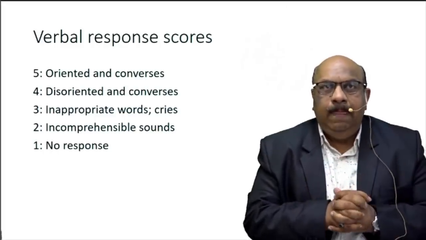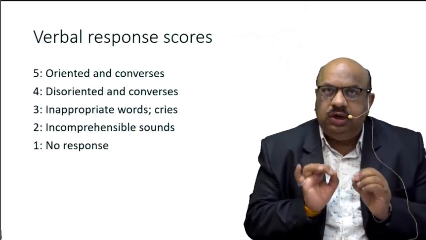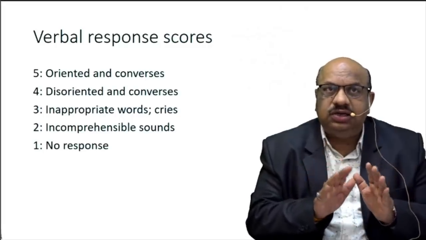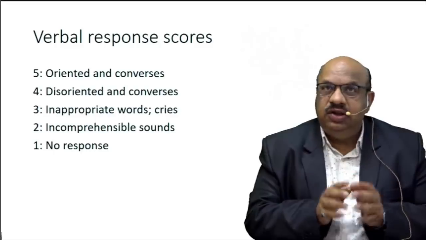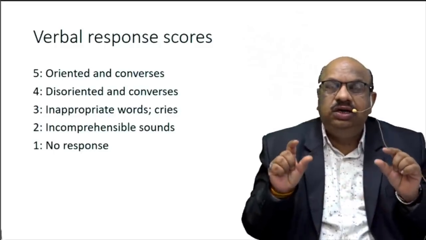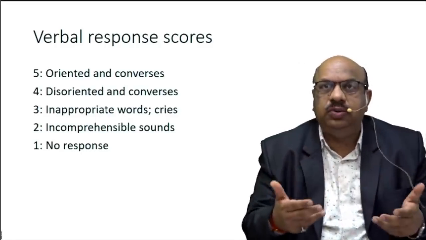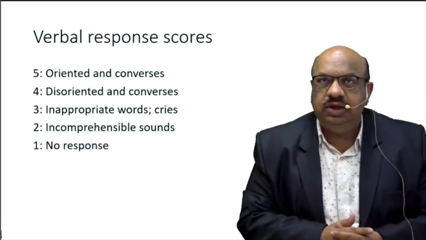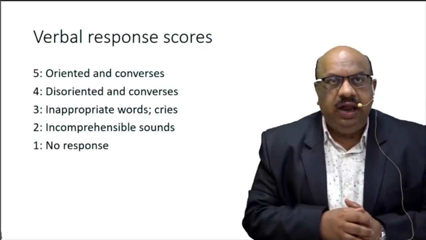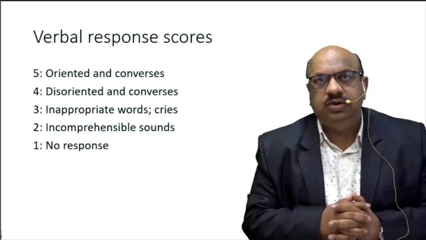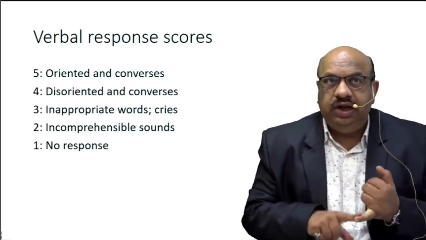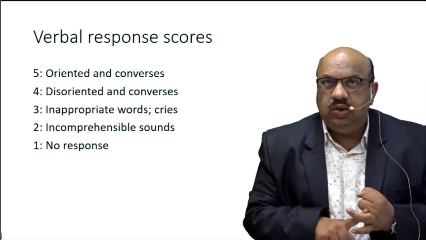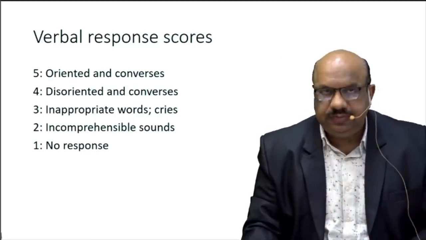Third is he's using words but they're inappropriate, only words. Fourth, sentences. He's making sentences, but he's disoriented. He's not answering your question. You're asking something, he's saying something else, but he's making sentences. And 5 is oriented and conversing. So 5 is oriented, 4 is disoriented, 3 is inappropriate, 2 is incomprehensible, and 1 is no response.